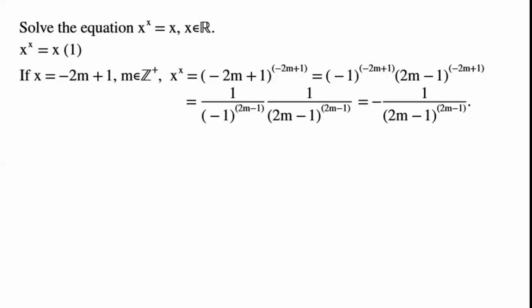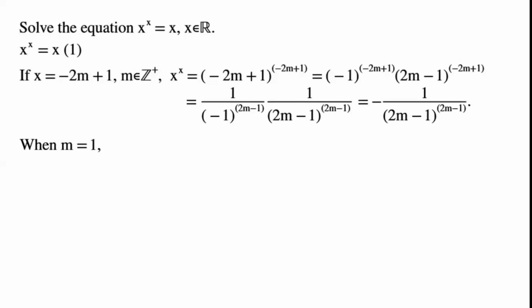(Minus 1) to the power of (2m minus 1) equals minus 1. So we can now write minus 1 over (2m minus 1) to the power of (2m minus 1).